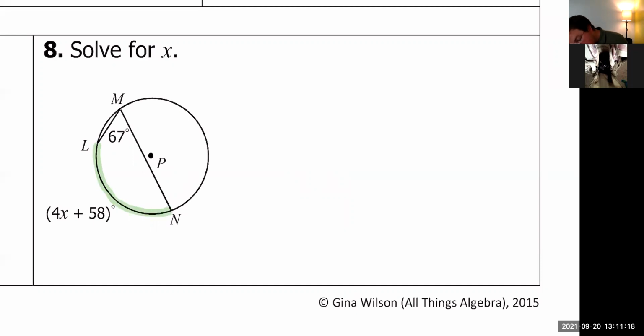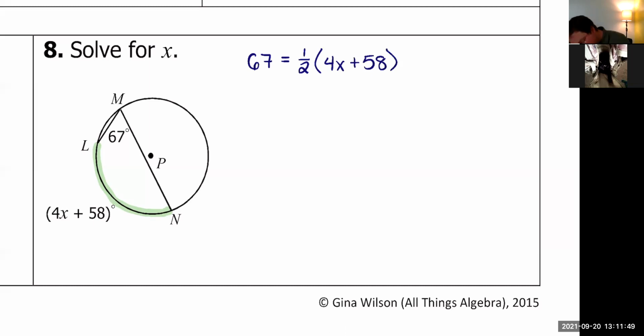But intersecting that arc is angle LMN, which is an inscribed angle, which means that 67 should be half the arc measure, 4x plus 58. So I'm going to write just that. The inscribed angle, which is 67 degrees, is going to equal half the arc measure, which is 4x plus 58.